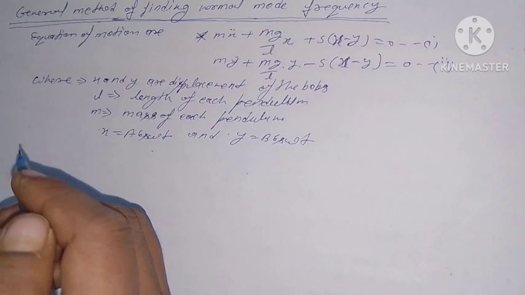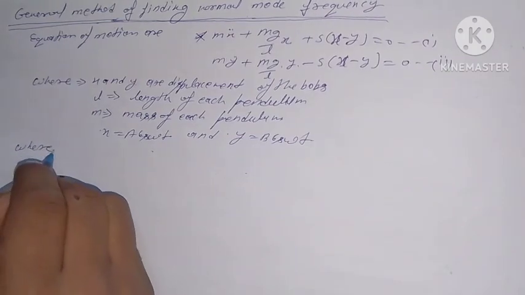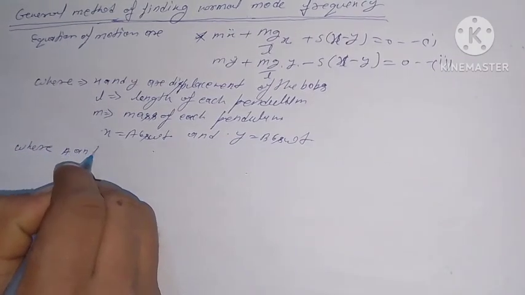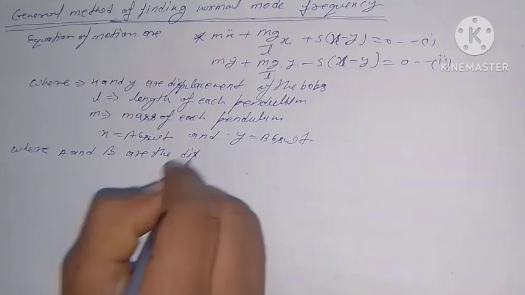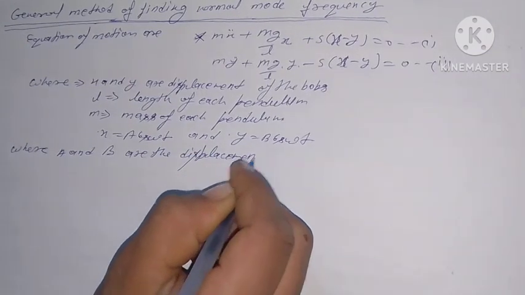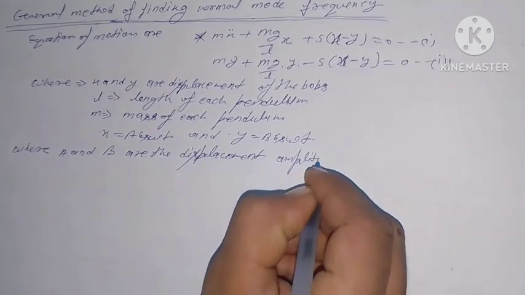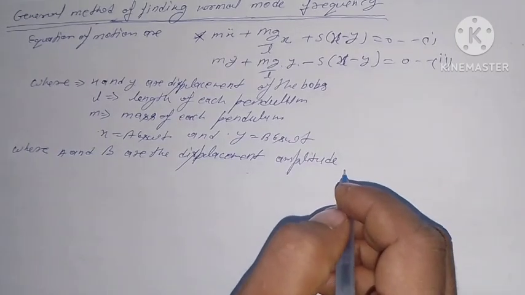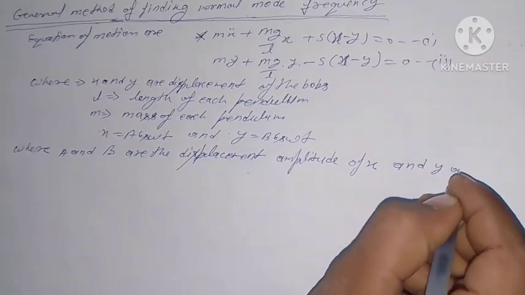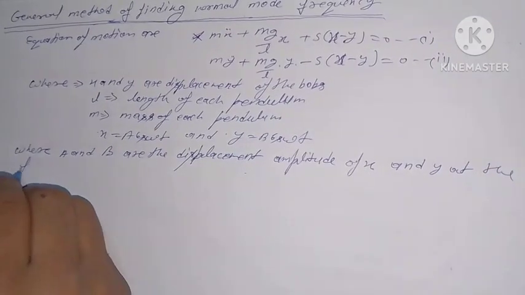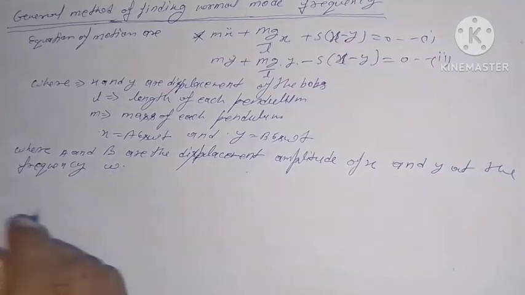Where a and b are the displacement amplitudes of x and y at the frequency omega, okay?